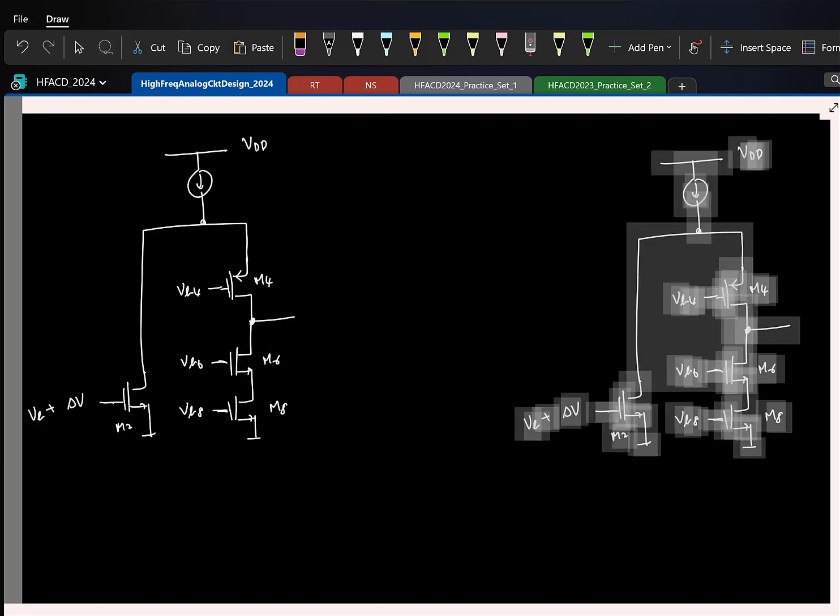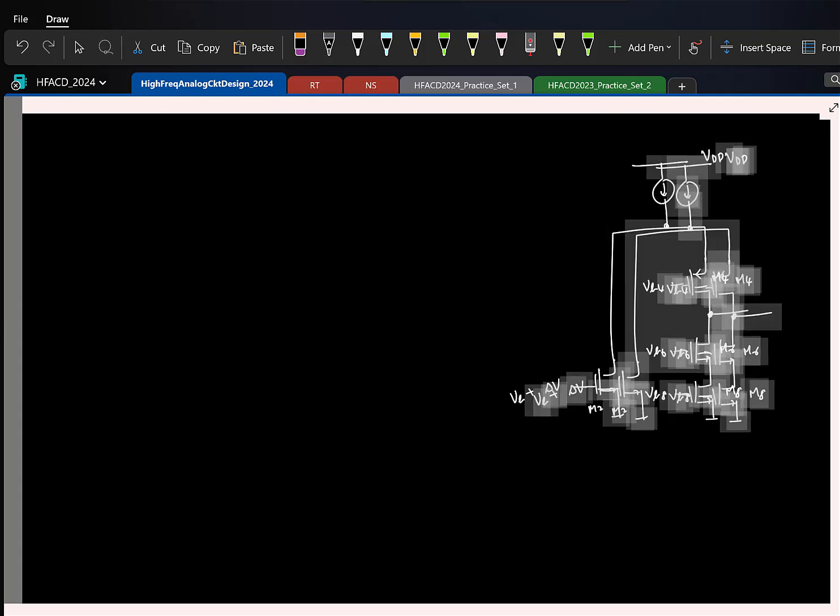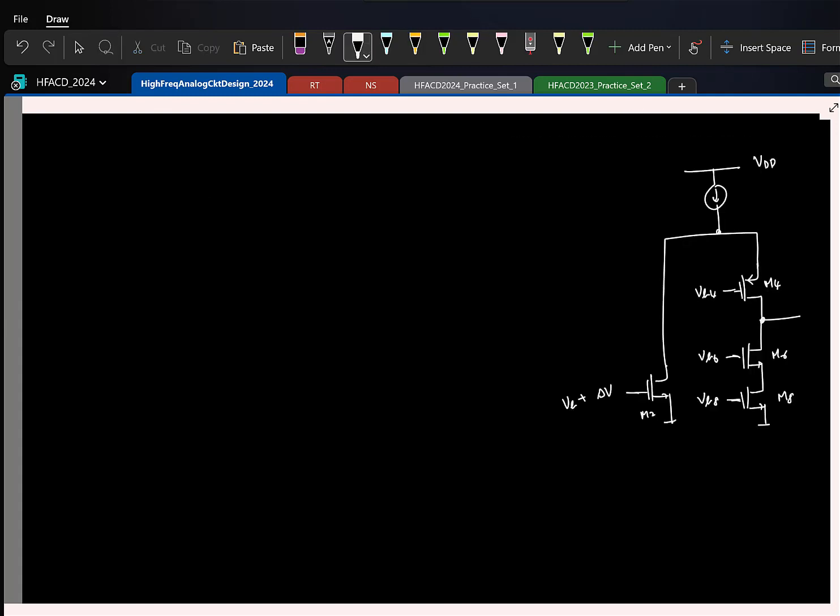So what I'll do, I'll put it to the side so that it's there for your reference. Let's draw the differential. So I'll have an NMOS differential pair. Same thing, no change here. Now this NMOS transistor is generating the current and giving it to a PMOS common gate. So I'll have a PMOS common gate.